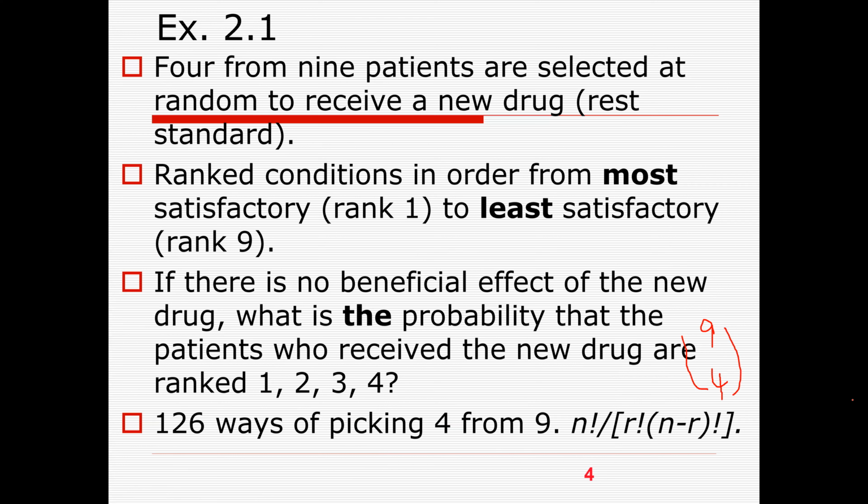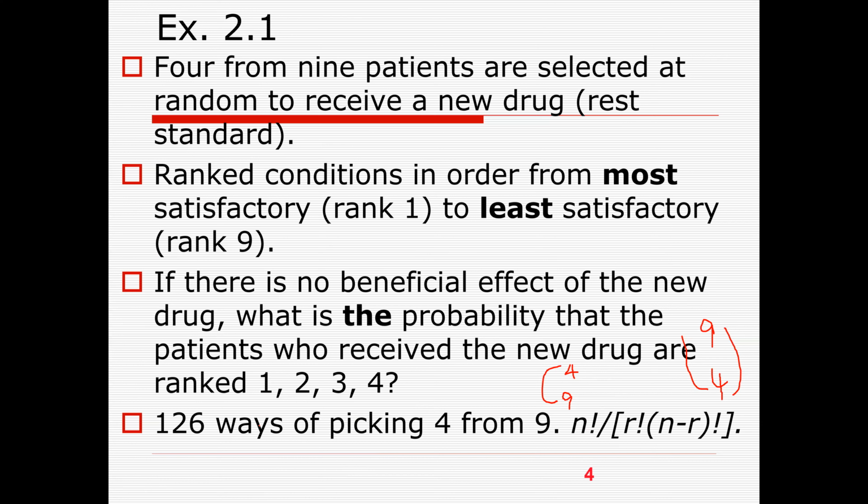We can also write it as a big C with a subscript 9 and a superscript 4. These two have the same meaning: from 9 sample observations, we select 4 of them. And the equation to calculate this value is here. For this problem, n equals 9 and r equals 4, and the result is 126.